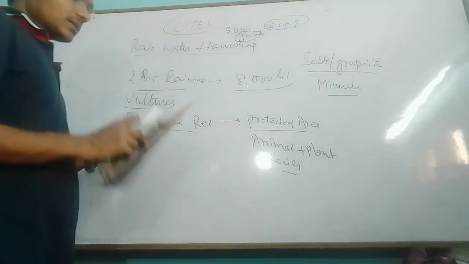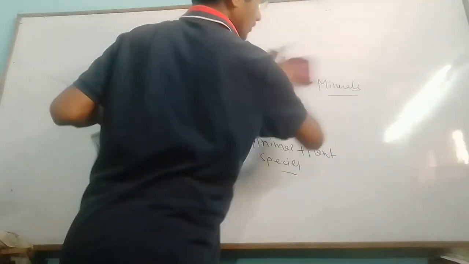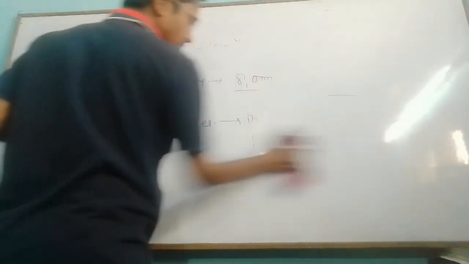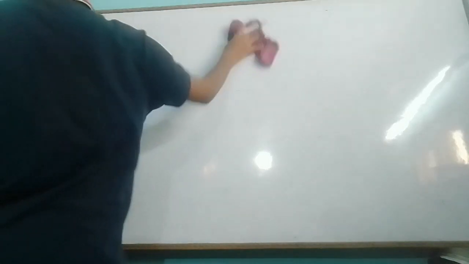Now next is, what do you mean by minerals? Types of minerals. So minerals may be metallic and non-metallic. There are two types of minerals.